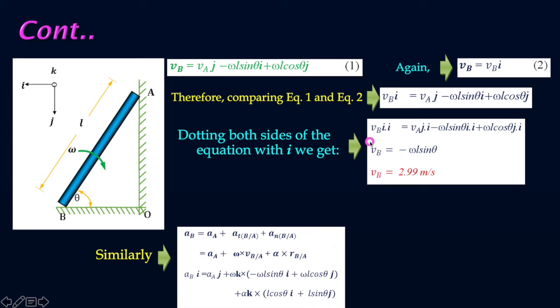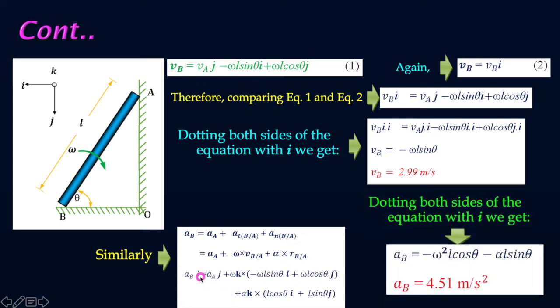Now, similar to this method, dotting both sides by i and eliminating some of the terms, we are getting i cross i dot i equals 1, so AB is there. Then k cross i indicates j, so j into i is 0, so that component is not there.